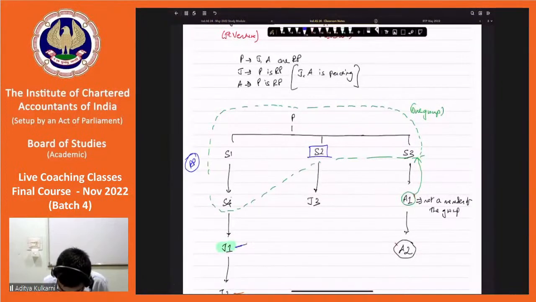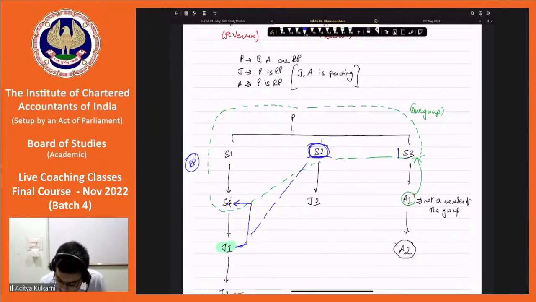Of which the other entity. So the other entity means what? Other entity means the reporting entity. And therefore J1 and S2 become related.